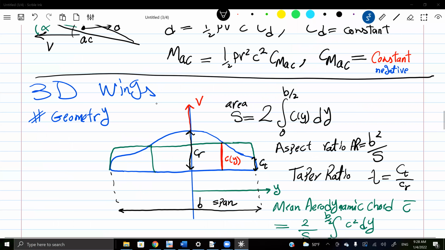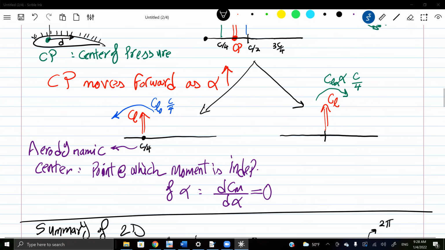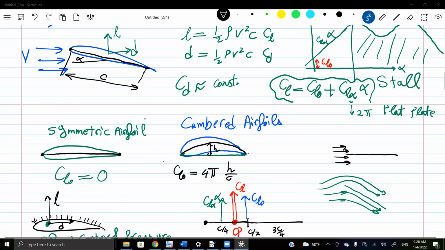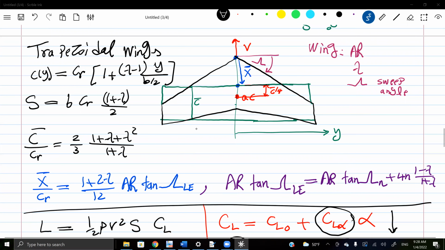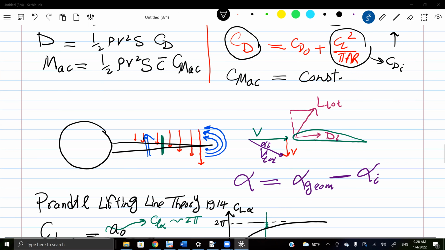For the moment, we're trying to learn or to refresh our minds about these concepts of lift, drag, pitching moment. All I need you to know is just to be familiar with these concepts. I don't want you to be expert on using these relations. This is not the goal here.